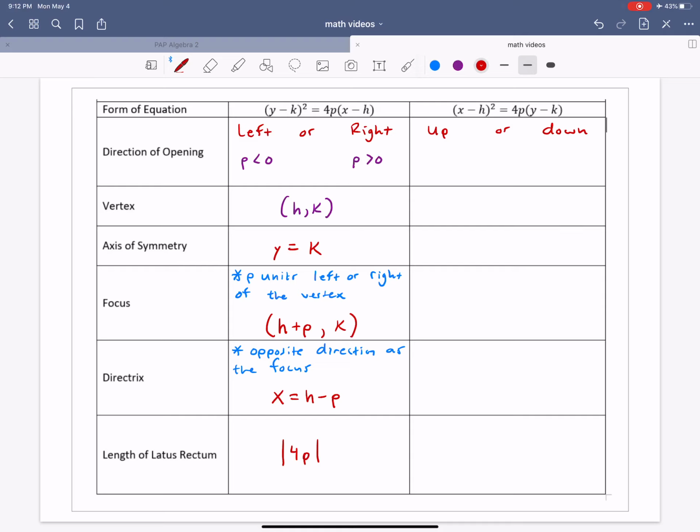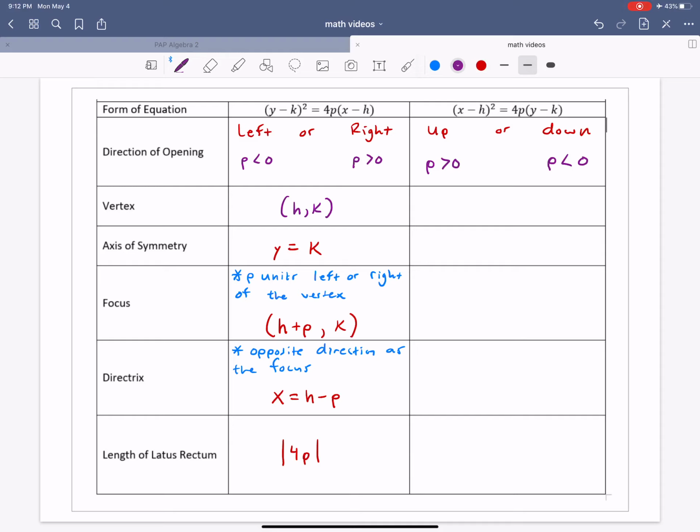You can tell by looking at this number here: if p is positive, that parabola is going to open up, and if p is negative, the parabola is going to open down.